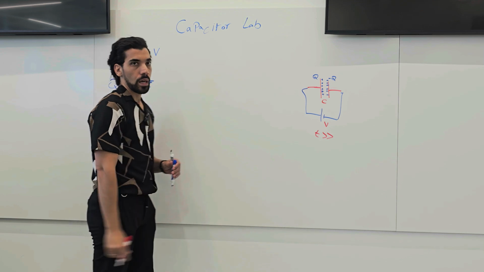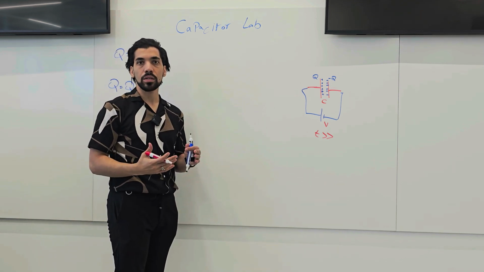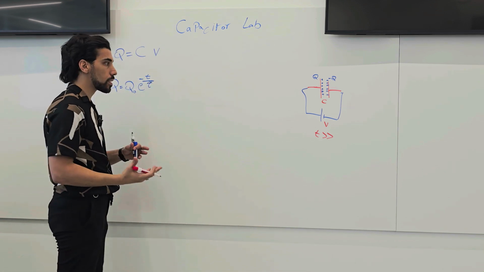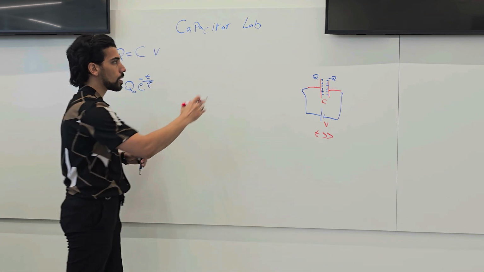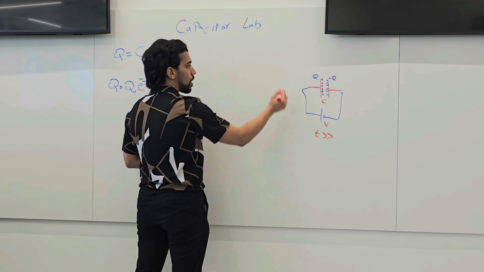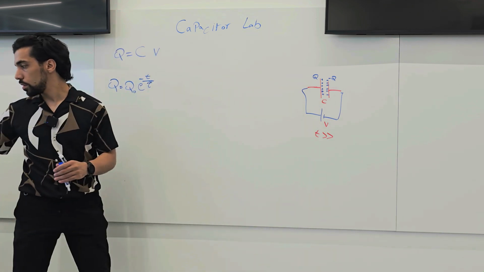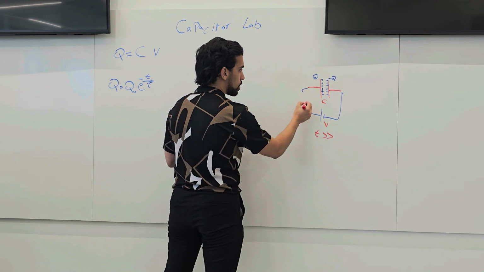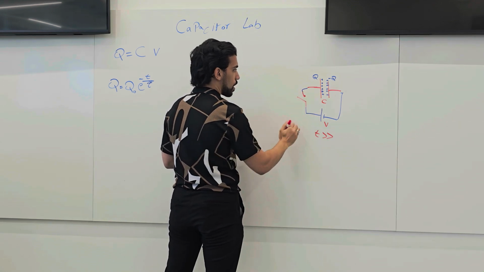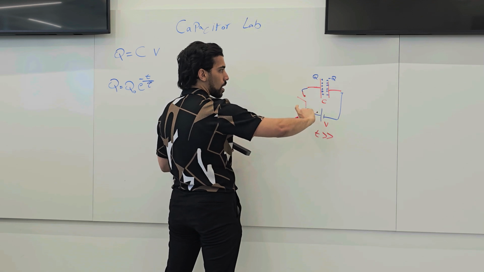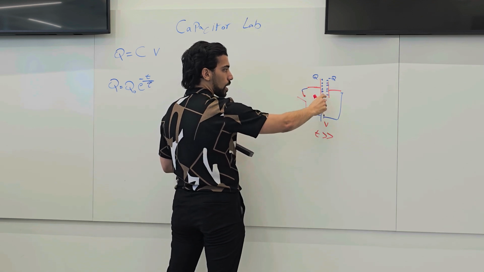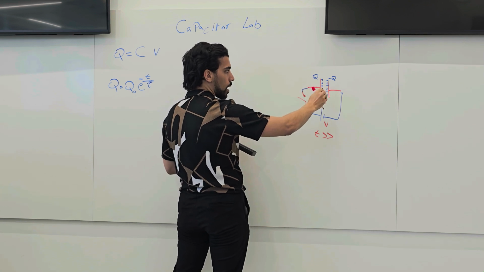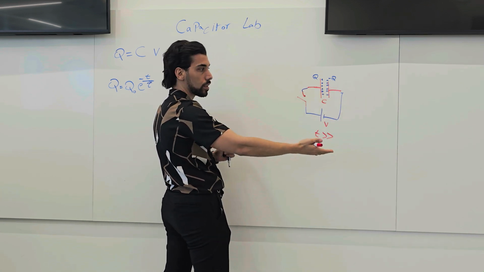However, sometimes there is something called the transient state, which basically, if you have here a switch, and when you close it, at the beginning the capacitor is going to charge bit by bit until it becomes fully charged.